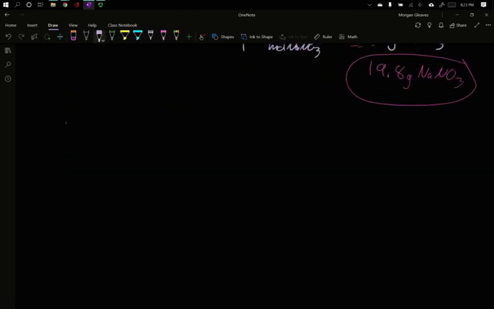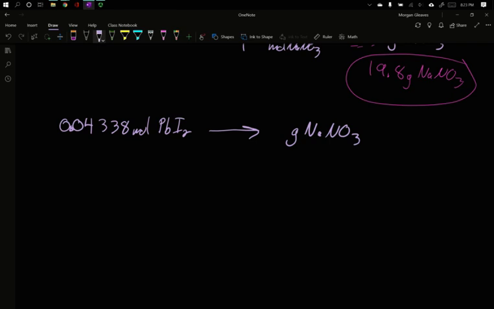So in this case, I have 0.04338 mole of my PbI2. And again, I want to find grams of NaNO3. Let's go ahead, take a minute, see if you can solve, again, the sodium nitrate that this time will be made if this much lead iodide was formed.